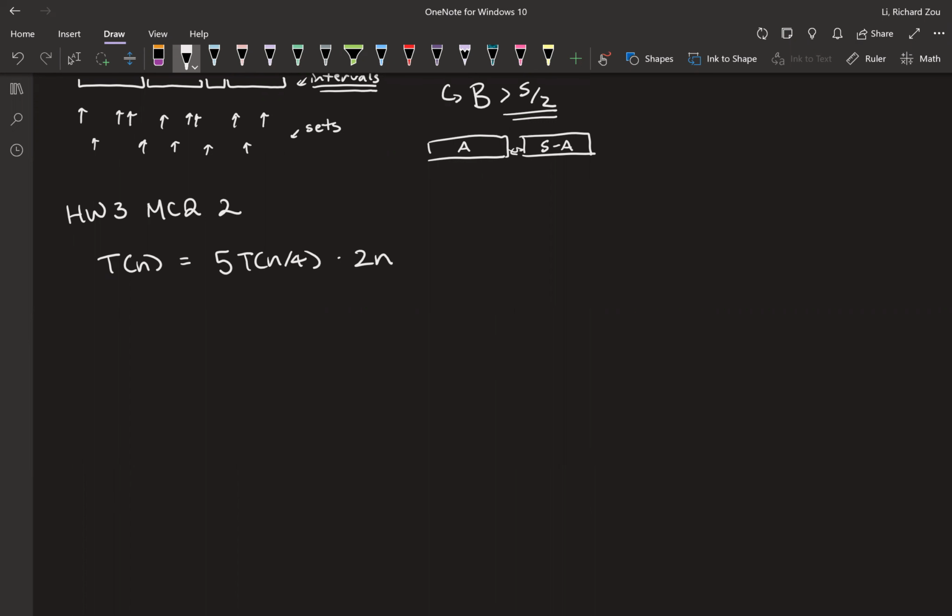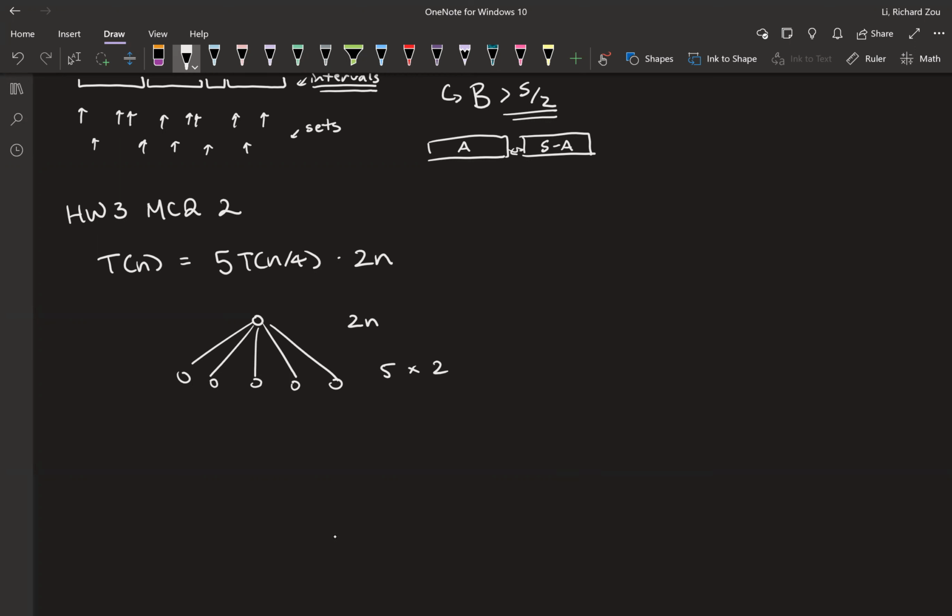T of 1 is equal to some arbitrary value. Let's take a look. So 2n splits into 5 children, each with n over 4. We have 5 children. How much work does this do? Times n over 4.